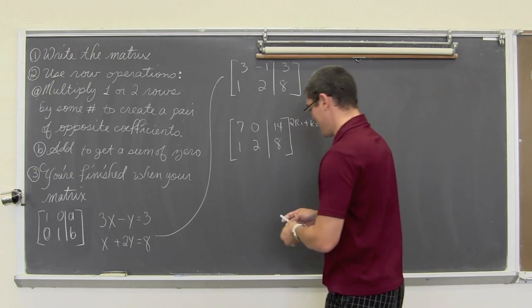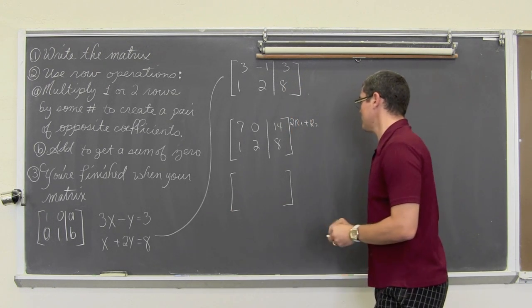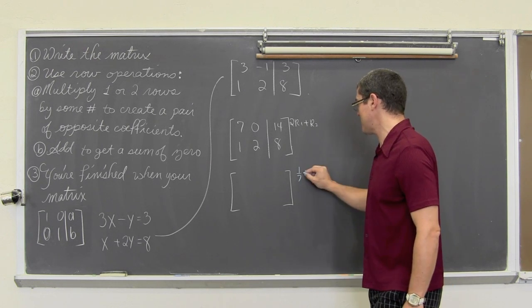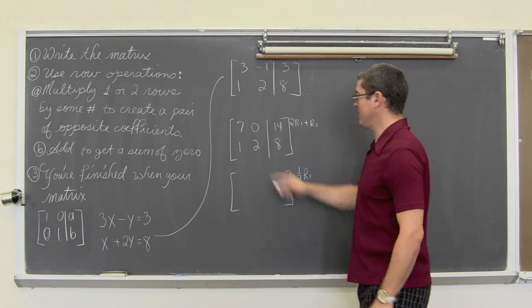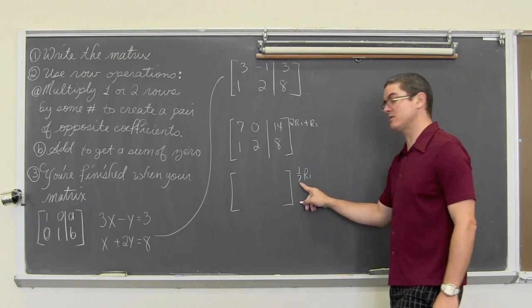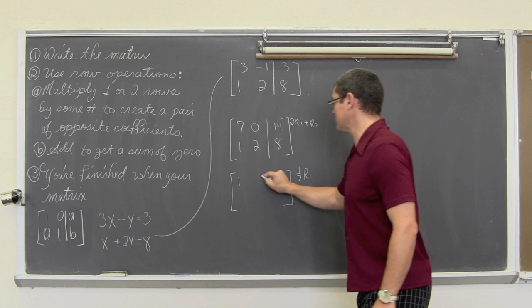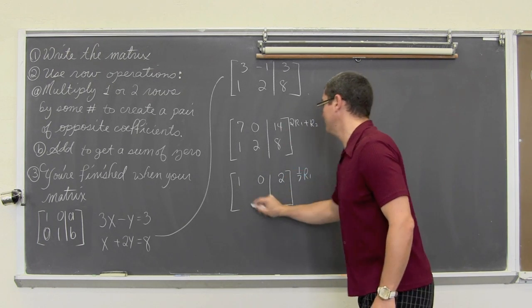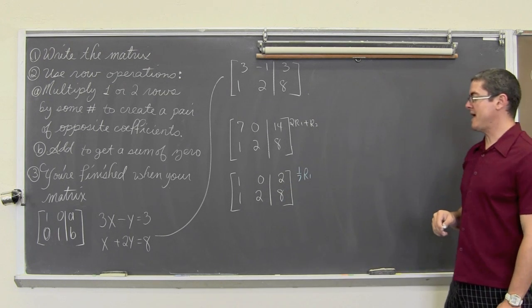So we're going to make another matrix here, and I want to take the first row and multiply it by 1/7. So I'm going to do 1/7 of row 1, and that is going to give me 7 times 1/7 is equal to 1, 0 times 1/7 is equal to 0, and 14 times 1/7 is equal to 2. And then my bottom row again is 1, 2, and 8.